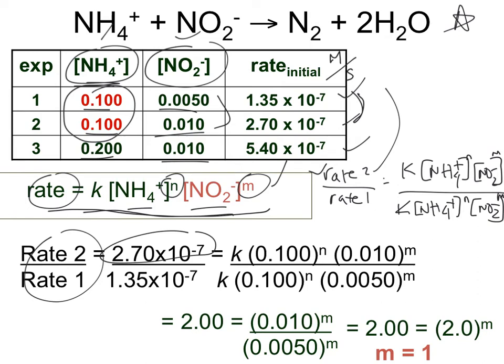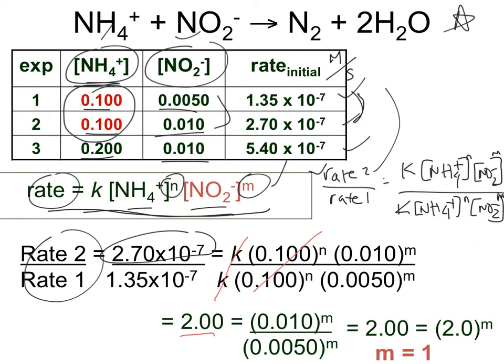Now we're going to do some mathematical operations. When we divide our 2.7 times 10 to the negative 7th by 1.35 times 10 to the negative 7th, that's going to give us our 2. That's going to be equal to, well, K and K are not going to be included because they cancel out.